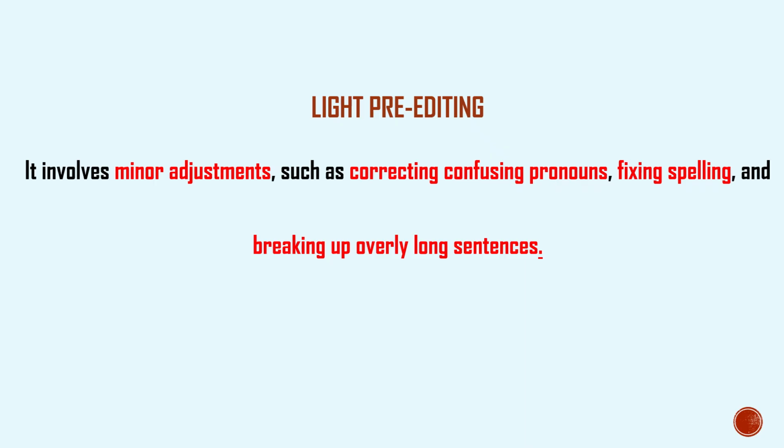Professional translators and translation scholars distinguish two types of pre-editing. These are light pre-editing and full pre-editing. Light pre-editing involves small adjustments such as correcting confusing pronouns, fixing spelling, and breaking up overly long sentences.